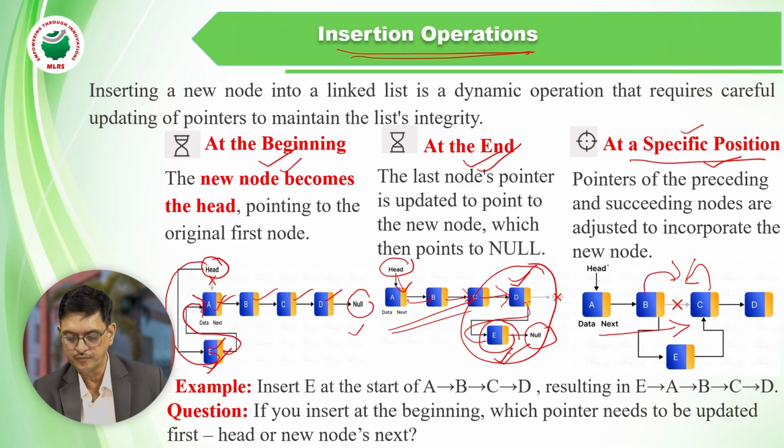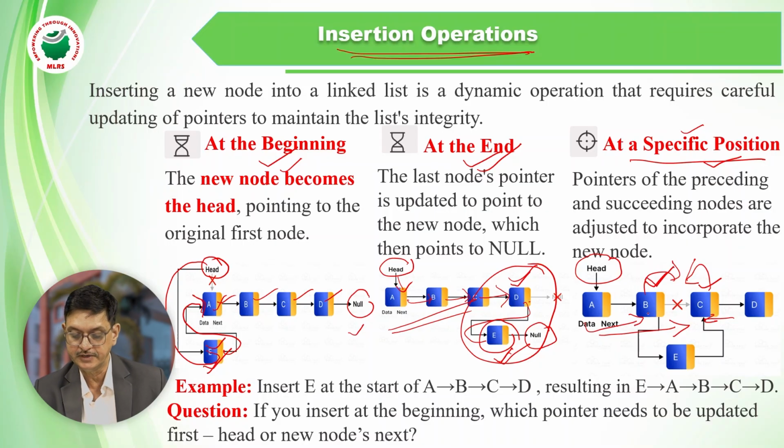We need to start from the head and traverse till the previously identified node, either the before node or the after node, that location. Once we find it, say for example, we want to insert this new E between B and C. We need to identify either B or C. Based on it, we can adjust the links. So for simplicity, we can identify the B node.